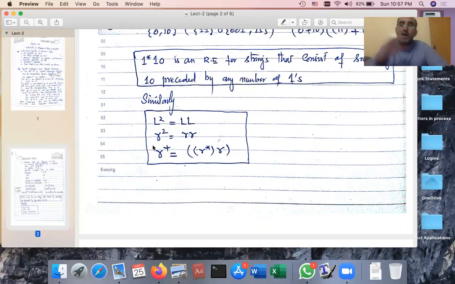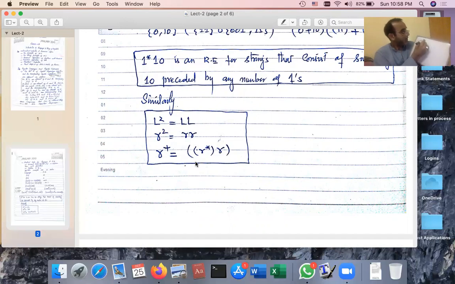And plus means all possible strings without null. So R plus can be equal to a regular expression on the right hand side, and it is written here as R star into simply R and then parenthesis. Maybe some of you would not understand, but here left hand side is perfectly equal to the right hand side.